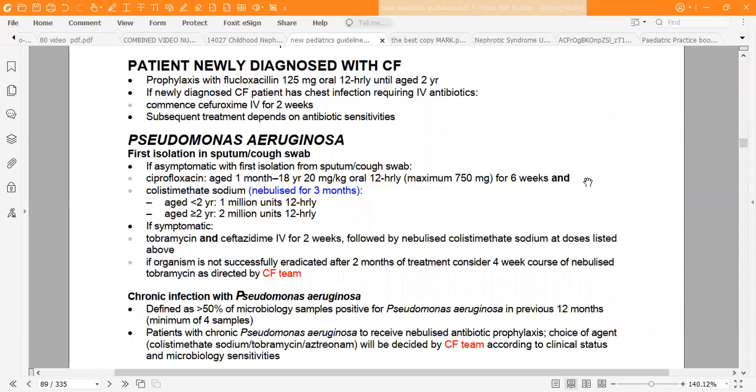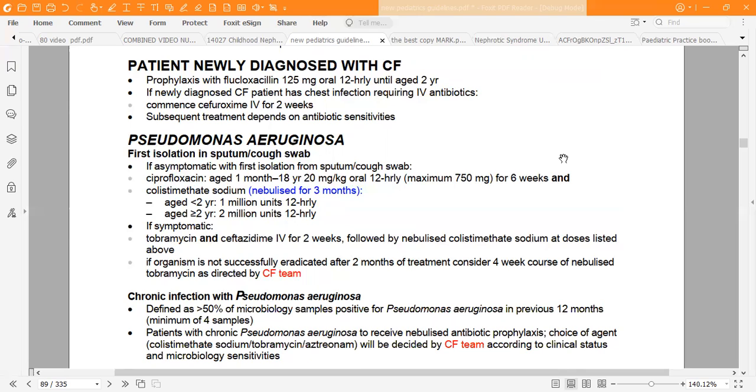Okay, so we have different pathogens here. We have Pseudomonas aeruginosa, which is the common pathogen in CF patients. For first isolation in sputum or cough swab, it depends whether the patient is symptomatic or asymptomatic. If the patient is asymptomatic with first isolation from the sputum or cough swab, you will start CC.